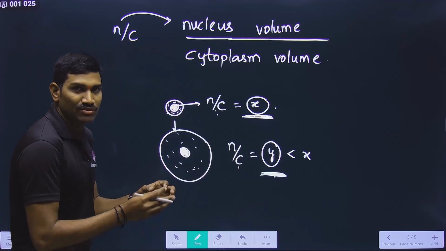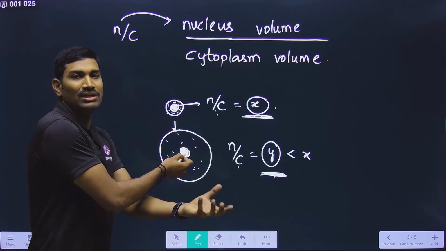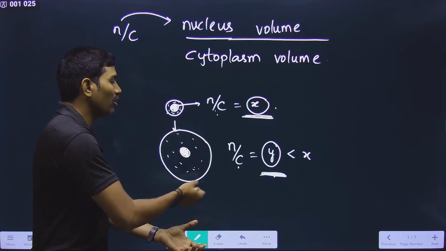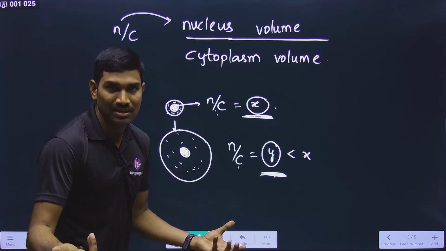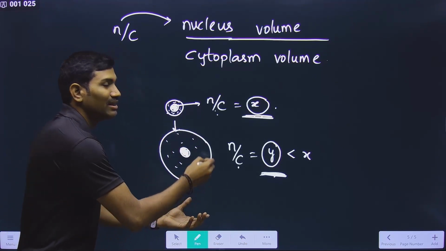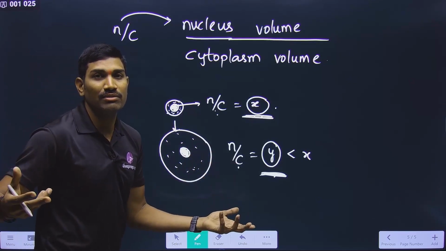But here what happens when the cell is increasing in size? Now the nucleus, through the DNA, has to control all the cellular activities. That's why nucleus is called the brain of the cell. So nucleus has to control all the activities, but the cell size is increasing. So many reactions are occurring for the maintenance.